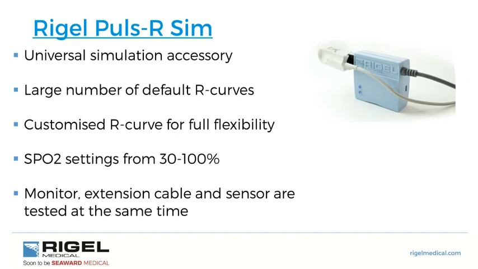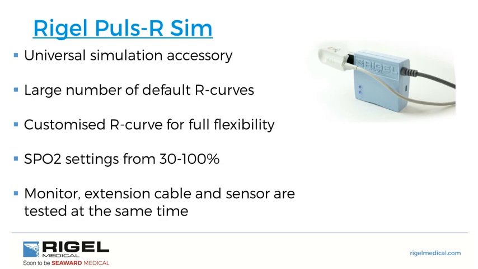So what do we bring as a solution? We have our Rigel Pulsar Simulator, and it's a universal simulator accessory, which has a large number of R curves. The R curves are the different manufacturer algorithms, and you can fully customize the R curves for full flexibility.